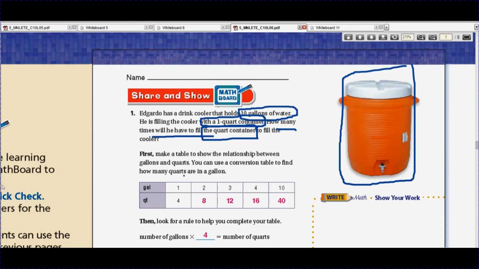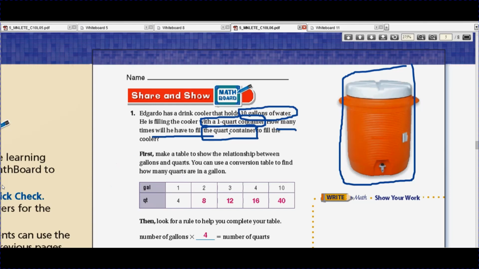If you want to convert from quart to gallon, in the opposite direction, you have to divide. And remember the general rule in conversion: small to big, divide; big to small, multiply.